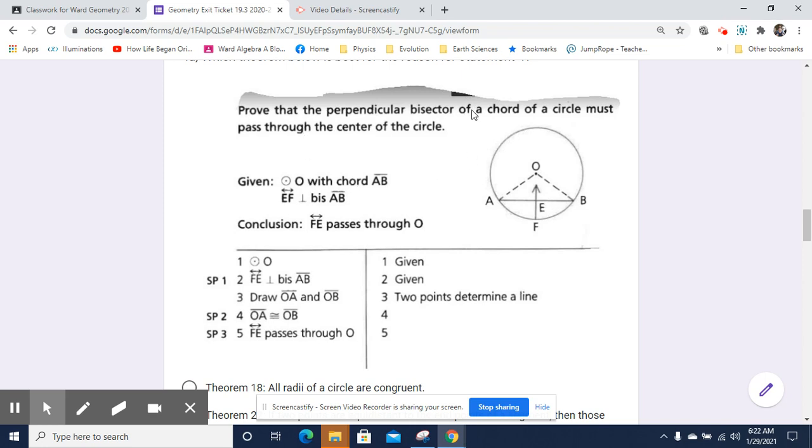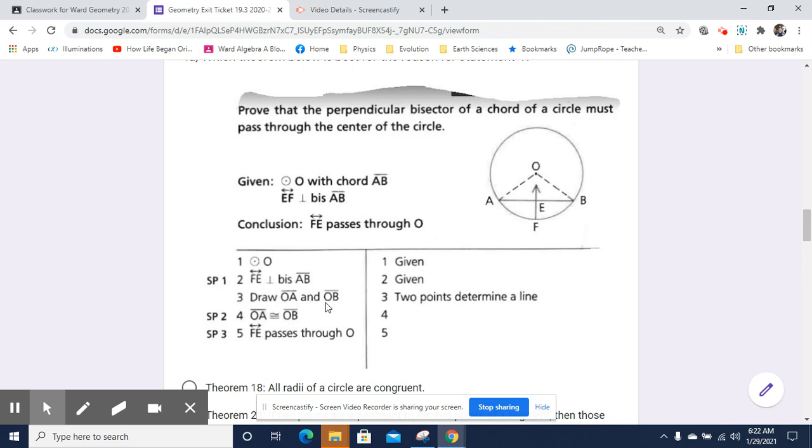So prove that the perpendicular bisector of this chord must also pass through the center of the circle. So we've been given that it's circle O, so O is the center. We have been given that EF, also FE, you can name it either way, is the perpendicular bisector line for AB. Okay. And then that's given.